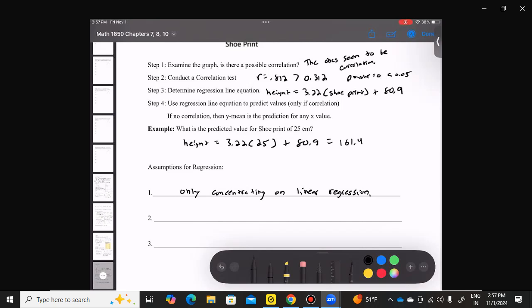Second is that our x value is a normal distribution random variable with some variance. Then third is y has a mean that lies on the regression line.